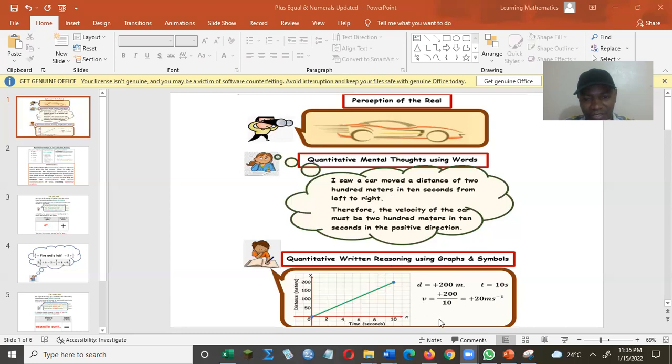V for velocity is equal to plus 200 divided by 10 to give you plus 20 meters per second. The plus is from a direction from left to right. So you can see the transition from the real perception to words to symbols.